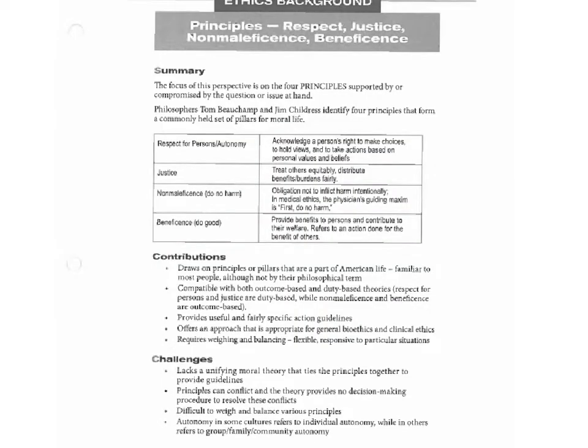Okay, so this is the handout that I gave you as a supplement to the textbook. Here are our 4 general ethical standards. As I was saying, these principles are things that pretty much everyone can agree upon.